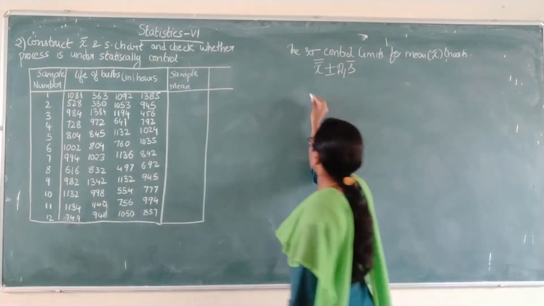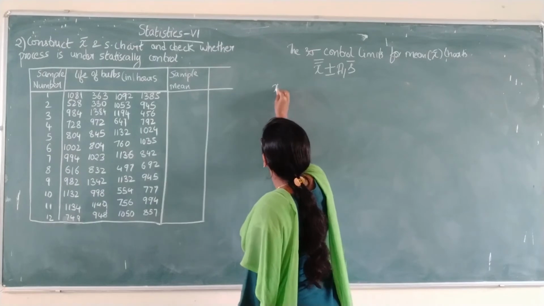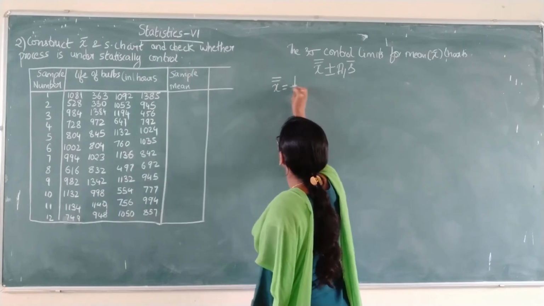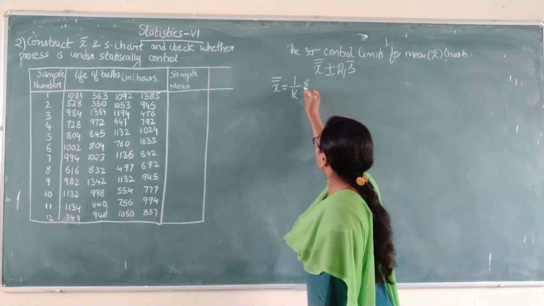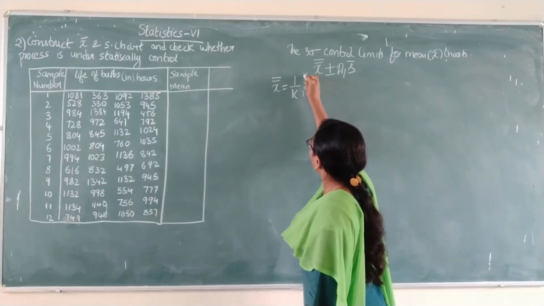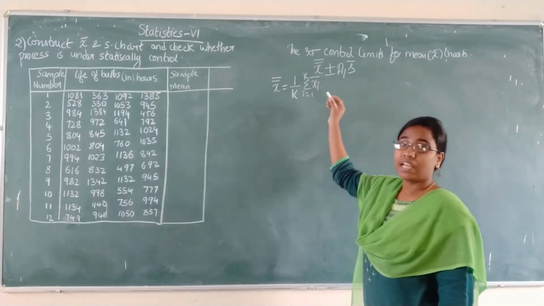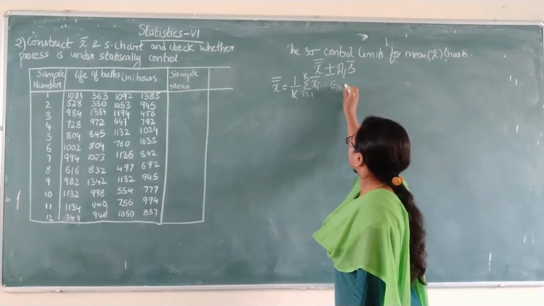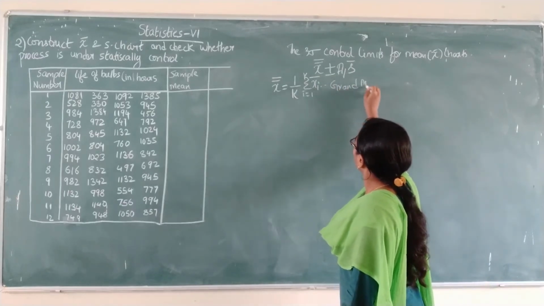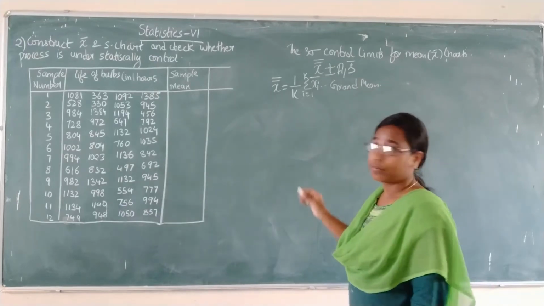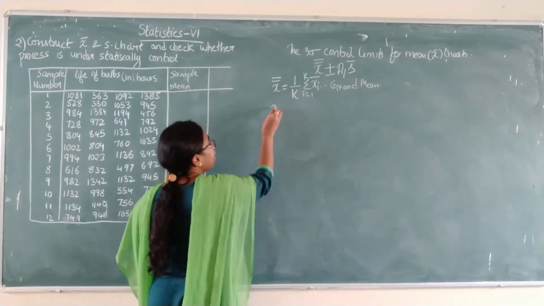What is X double bar? X double bar equals the same formula, 1 by K summation i equals 1 to K Xi bar. This is the grand mean, or overall mean. So what is Xi bar?